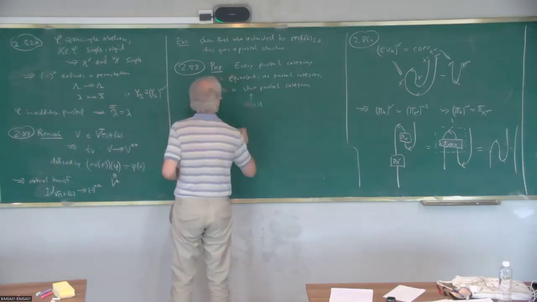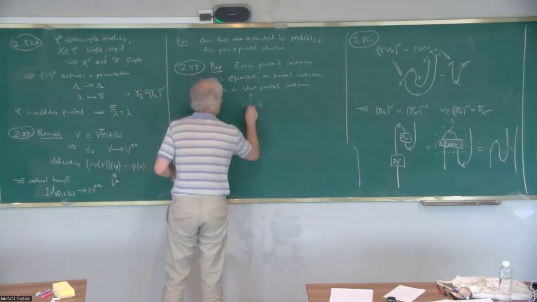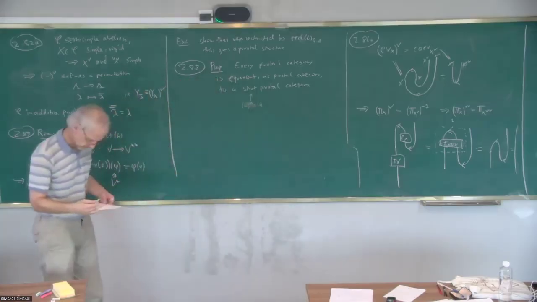Not pi. Pi is the identity, double dual is equal to the identity.